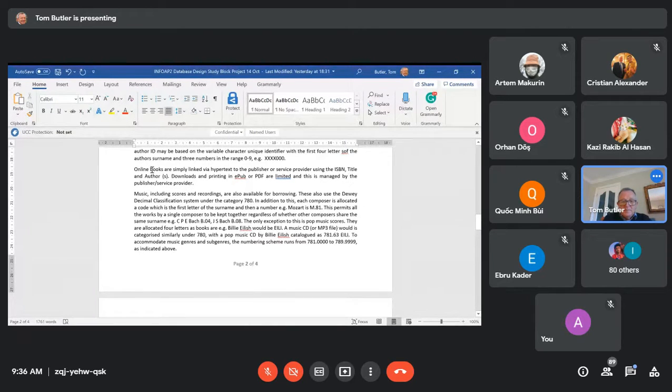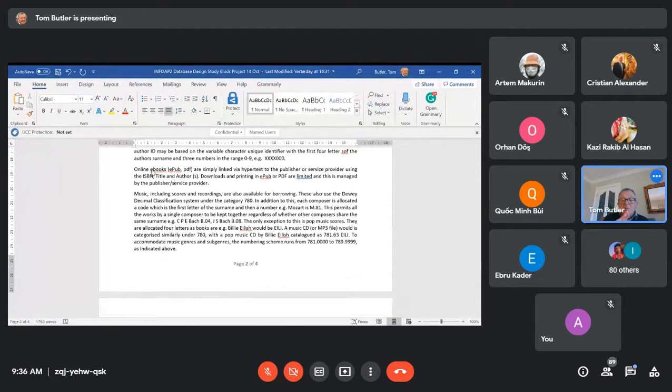We say ebooks, let's say EPUB, PDF. Downloads and printing in EPUB or PDF are limited, and this is managed by the publisher or service provider.